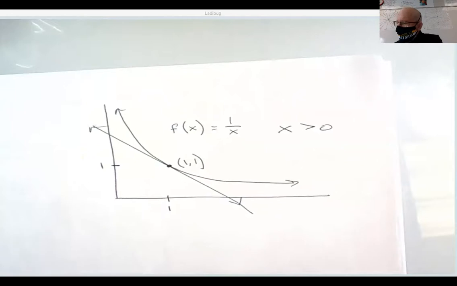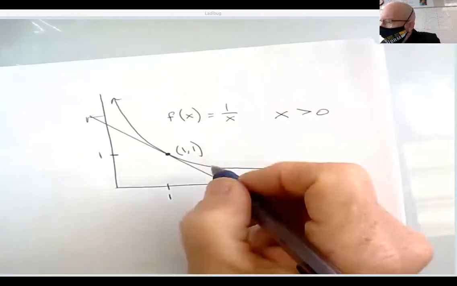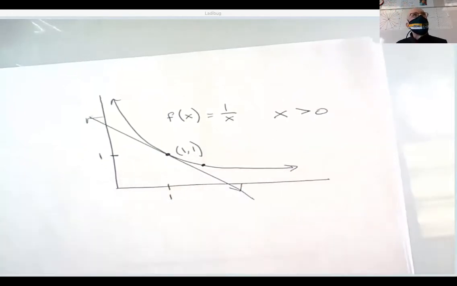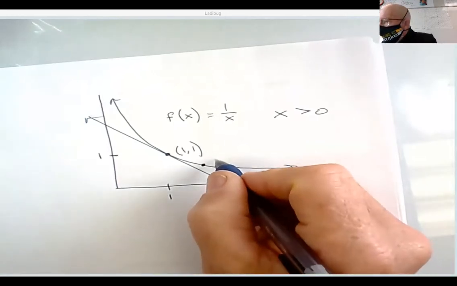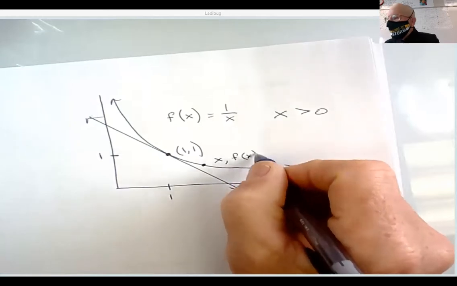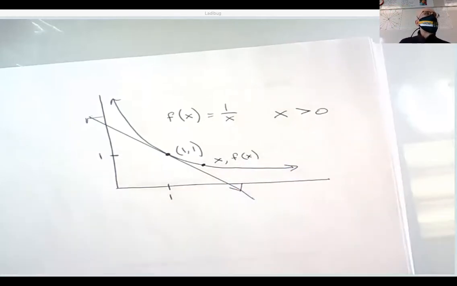Now, right here, I have a point. That point is x, comma, f of x. It's any point on the graph, Jacob.